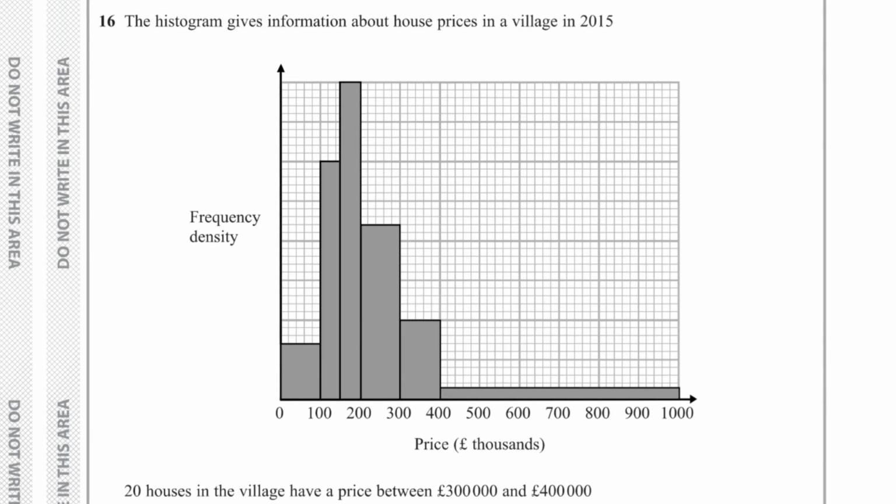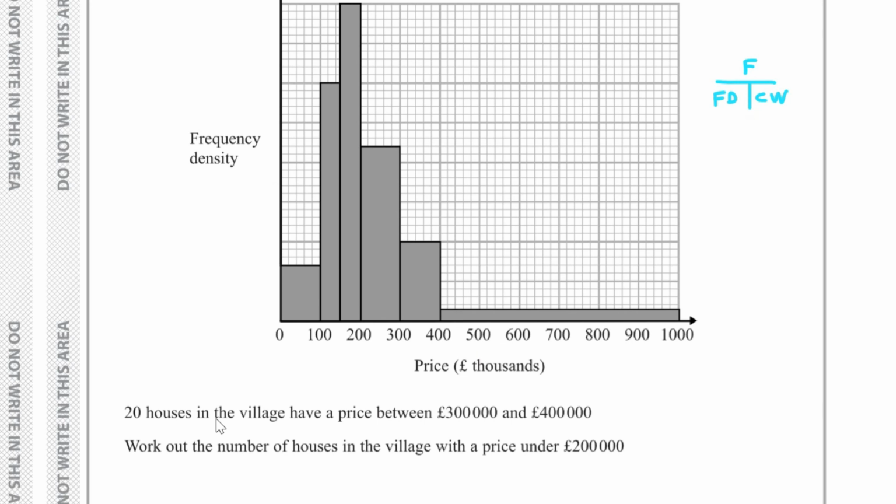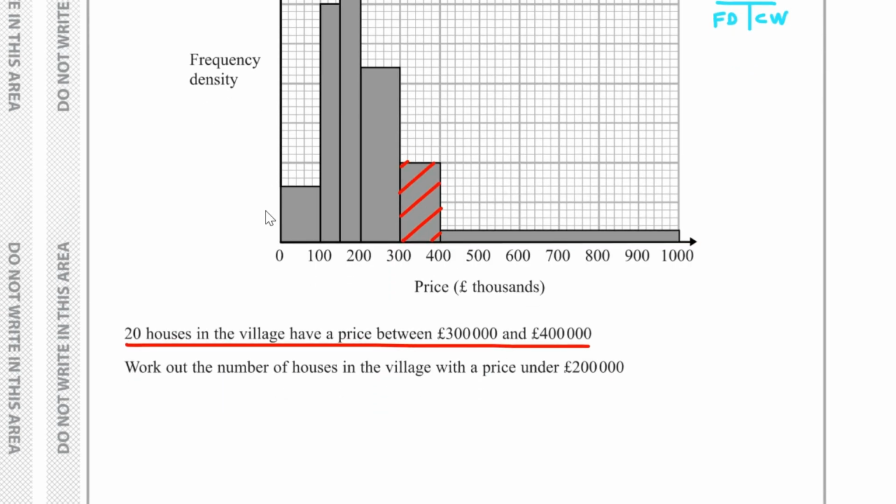Now, let's think about which formula we need to use. We already know that frequency density multiplied by the class width gives us frequency, and frequency corresponds to the area. We know that there are 20 houses in the village with a price between 300,000 and 400,000. This region shown in red here shows what we need to work out. We can use this to find the scale of the frequency density.